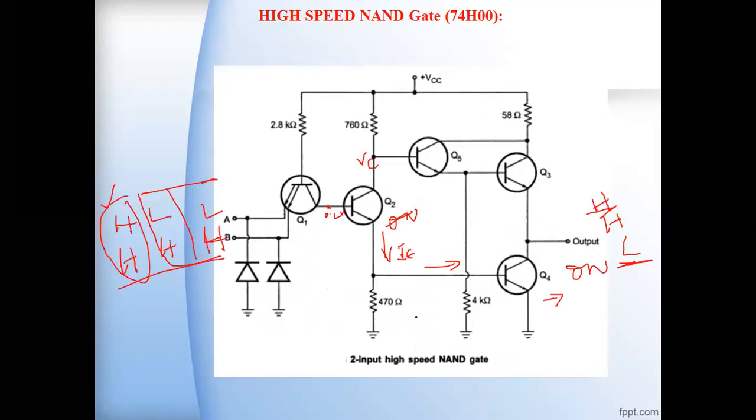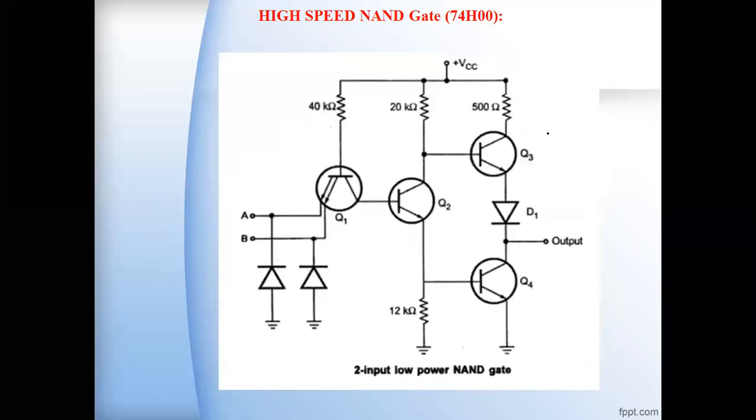Now observe the high speed NAND gate resistors: 2.8 kilo ohm, 760 ohm, 58 ohm. So in the low power NAND gate, we have increased the resistor values.